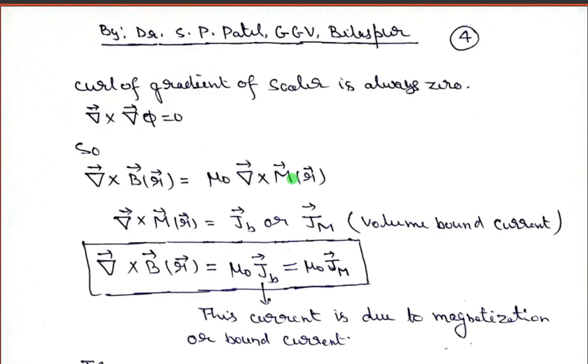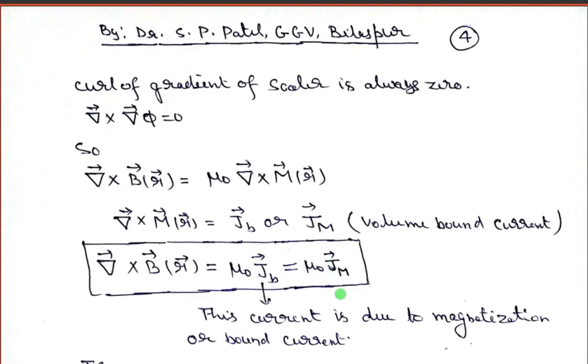If you remember, going back to the beginning, what I defined, del cross M, is equal to the volume bound current density. Remember, that was the bound current, and this bound current was coming due to the magnetization of the material. So we can write del cross B, the curl of B, in a magnetized object, as mu 0 JB, or rather than writing JB, if you write JM, that shows it more clearly.